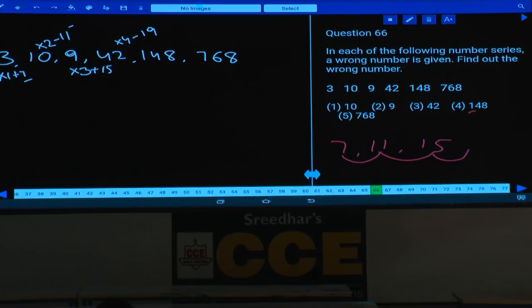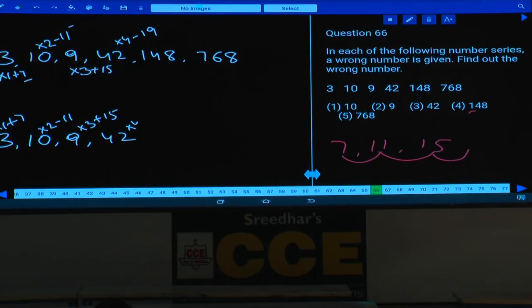Now 42 into 4 is 168. Now I am writing the numbers once again: 3, 10, 9, 42. This is 3 into 1 plus 7, this is into 2 minus 11, and this is into 3 plus 15, isn't it?